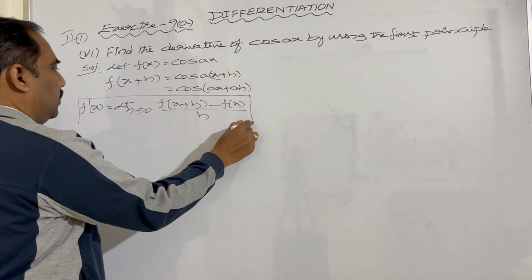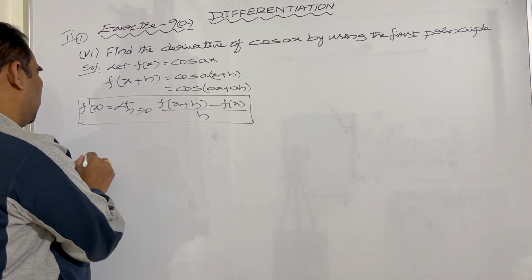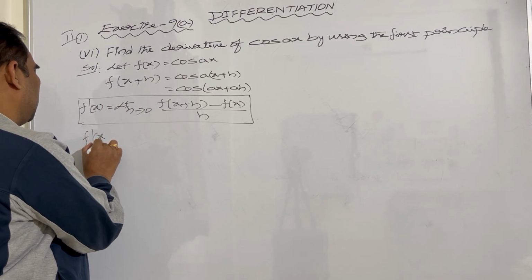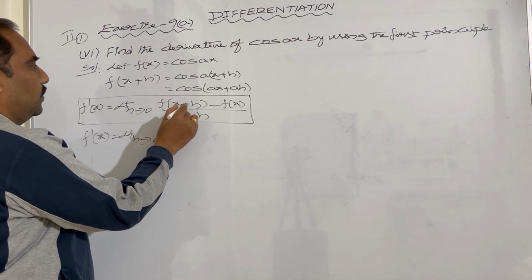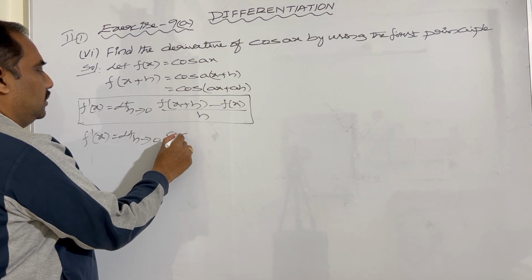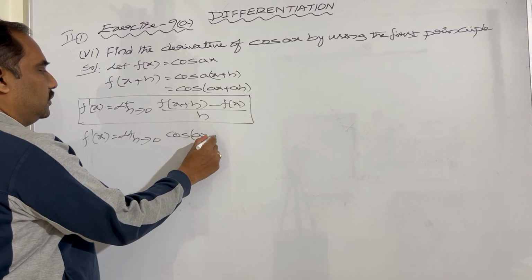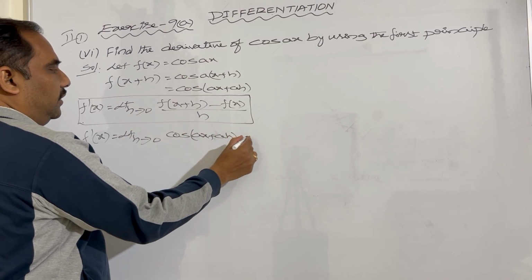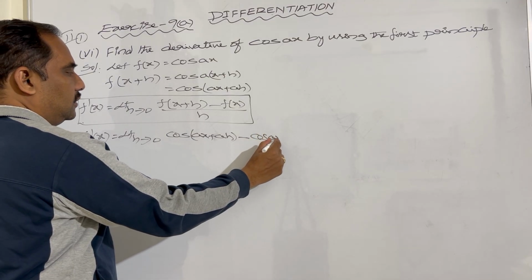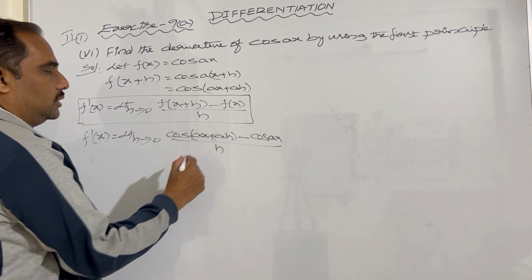Now applying for this function, f dash x is equal to limit h tends to 0, f of x plus h, that is cos of ax plus ah, minus f of x, that is cos ax, whole divided by h.